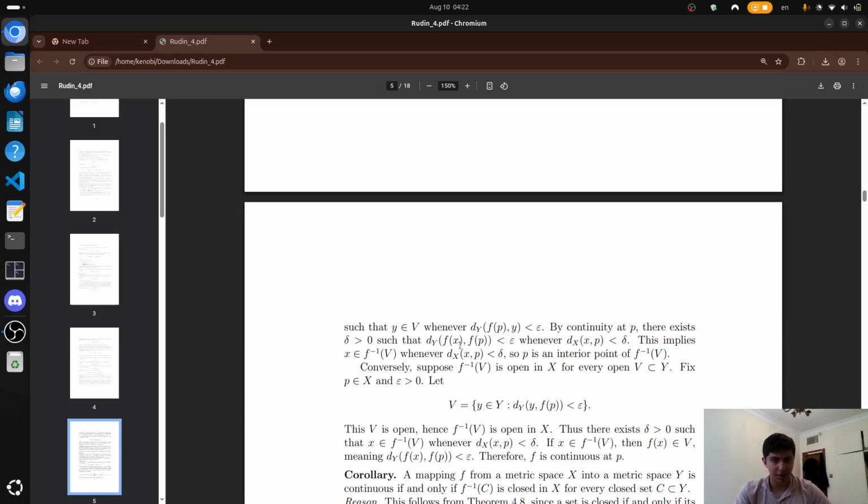This is by continuity. We're just taking the definition of continuity. This implies that x is in f inverse of V whenever d_X(x, p) is less than delta.